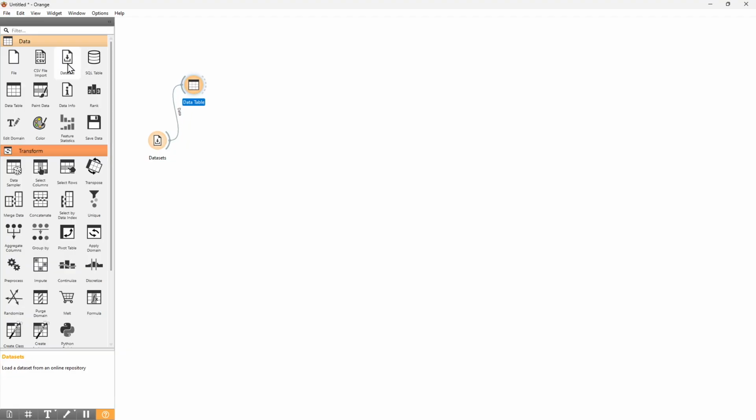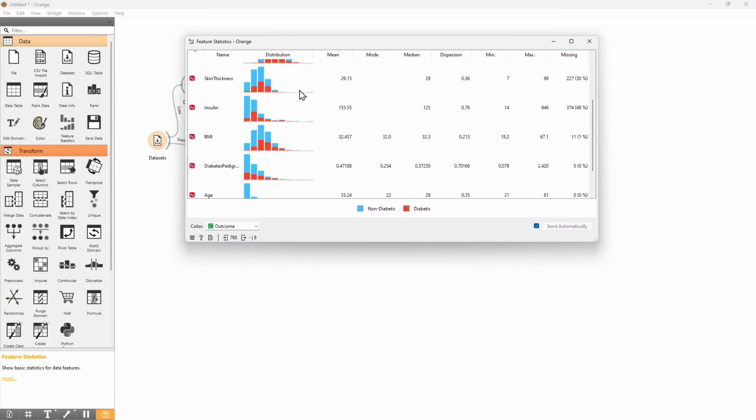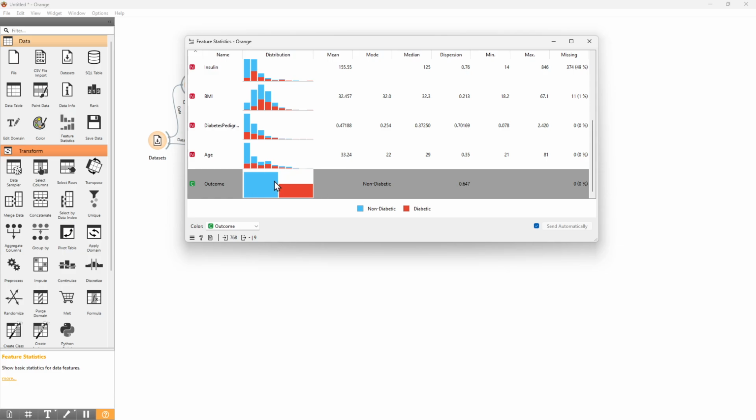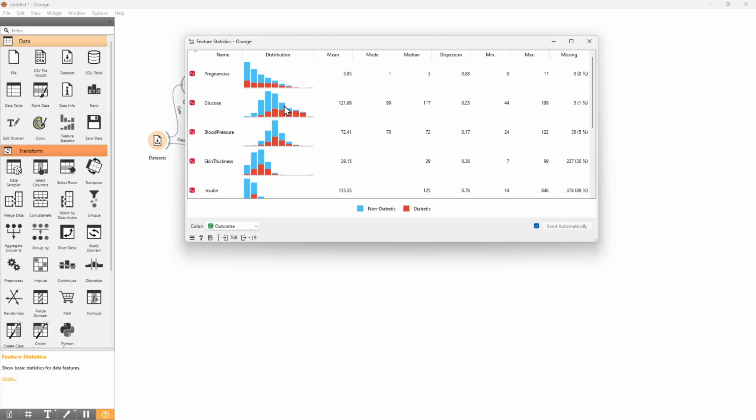A few other things we can use, for example, feature statistics, could be quite useful to get a quick view of how the data looks. The blue and red are for the two classes we have, non-diabetic versus diabetic. You can also see a quick distribution of how many points are in each class. This is for the outcome, so this is a bar chart. The others are numeric values, so these are histograms.